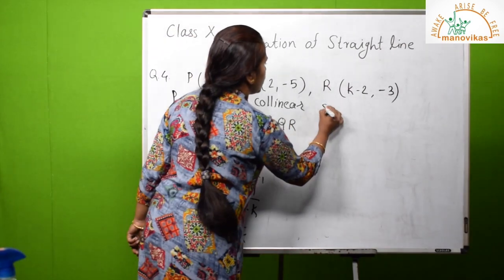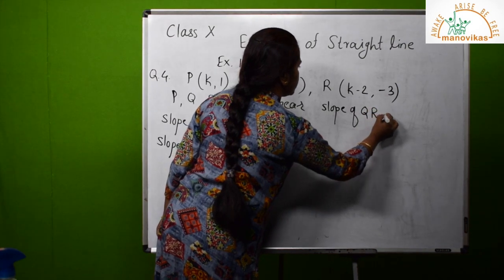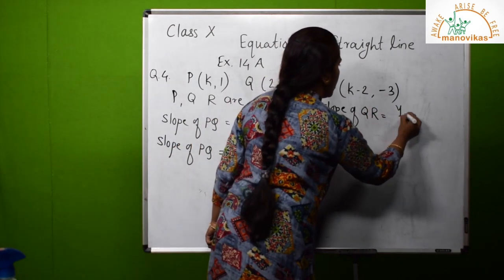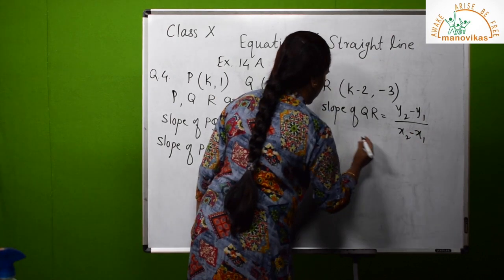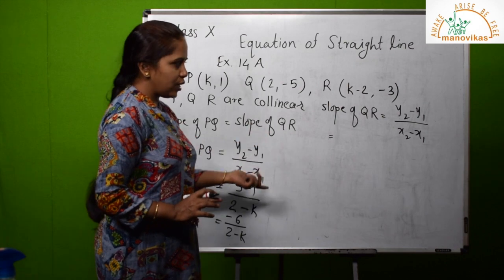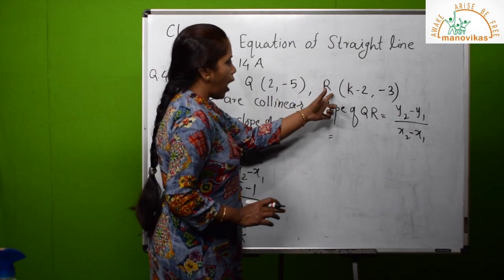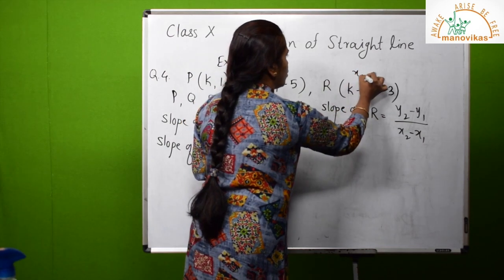Now slope of QR. Again the same formula, y2 minus y1 upon x2 minus x1. But the values of y2, y1, x2, x1 will be changed. Now for Q and R, this is x1, y1 point, x2, y2 point.